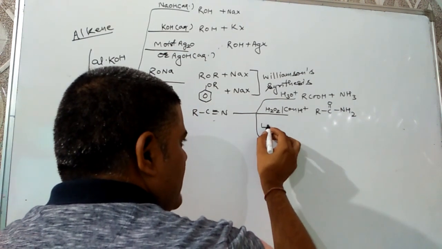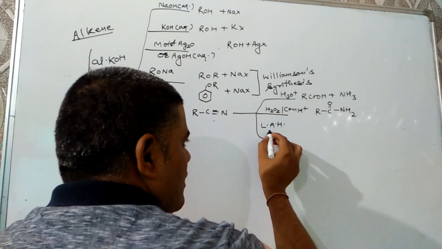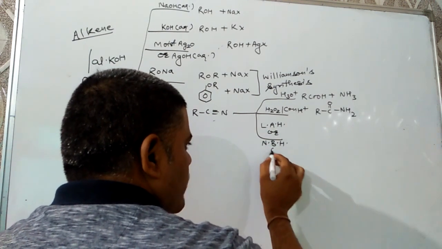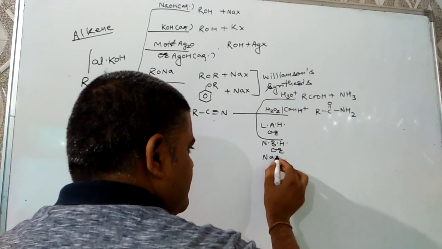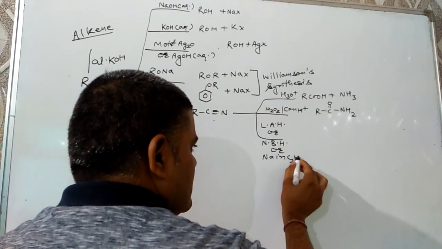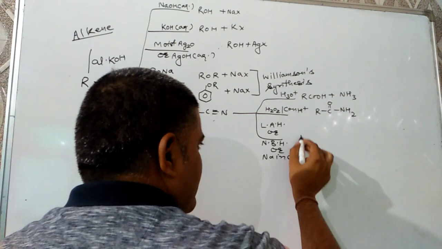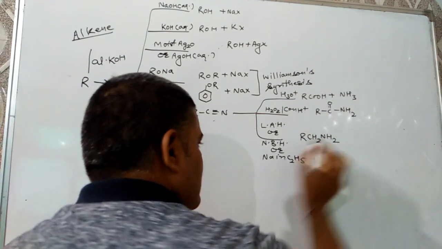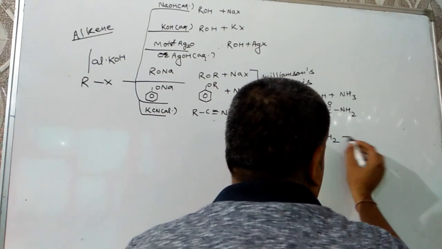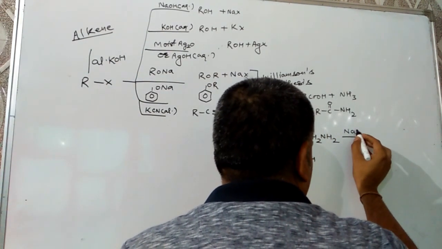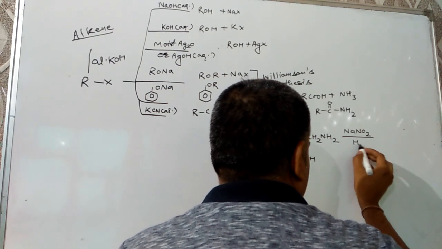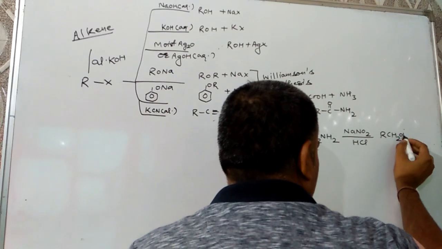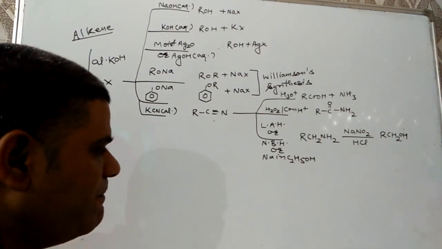If reduction is done with lithium aluminum hydride or sodium borohydride or sodium in ethyl alcohol, then we will get a primary amine as a product, and that primary amine can react with NaNO2 in presence of HCl to give alcohol as a product. These all are important conversions. Later on I will explain them.